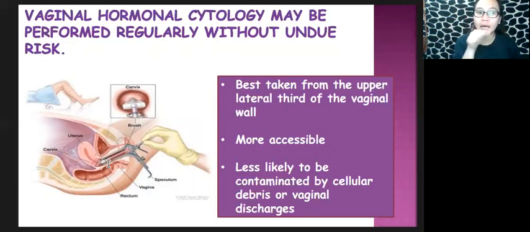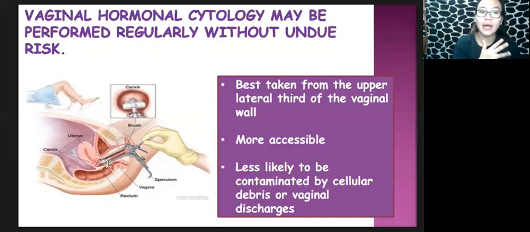To describe the location of your upper lateral third of the vaginal wall, it's far enough that we are able to avoid contaminations brought about by your cellular debris, which are usually present in the outer portions of your vaginal canal. And we are also able to avoid the presence of your vaginal discharges because it's far enough, but not too far that it becomes more invasive already.